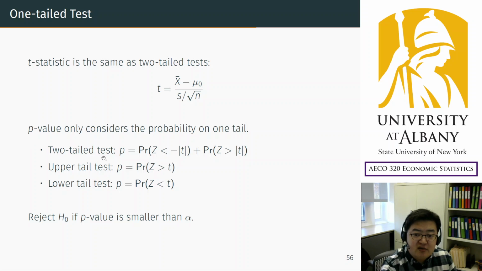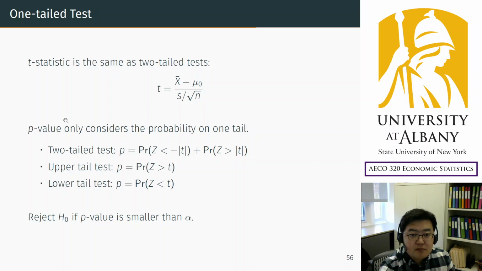So if you use a two-tail test, remember we have it like this. And in the upper tail test, we are calculating probability only on the upside. So now we don't need absolute value here because it's only one direction. In the two-tail test, we have to consider two cases, so I put absolute value, but now we don't need it. And the lower tail test is probability on the lower side.